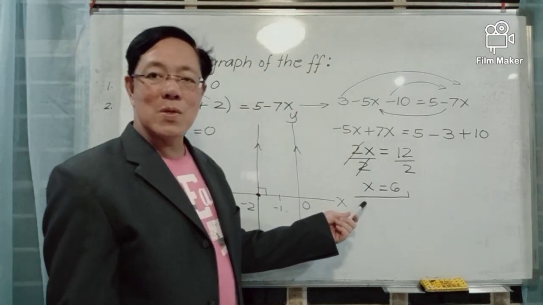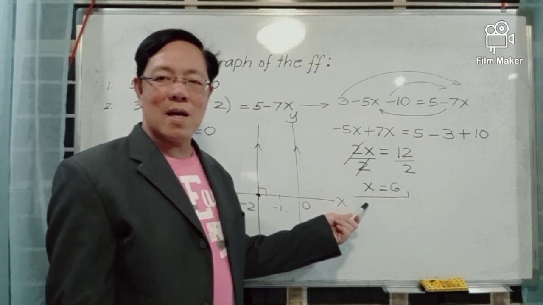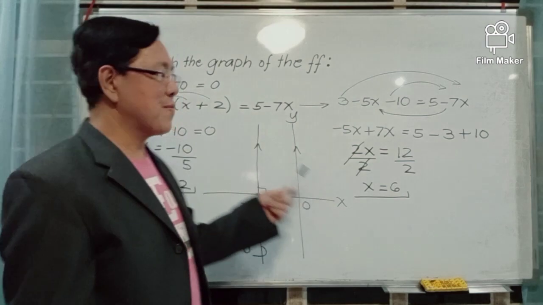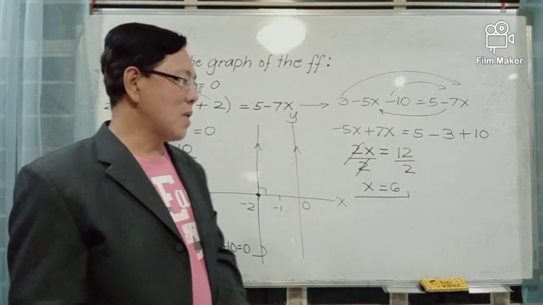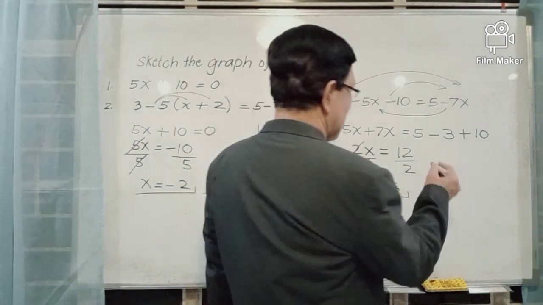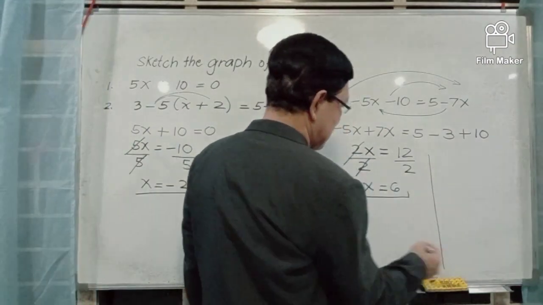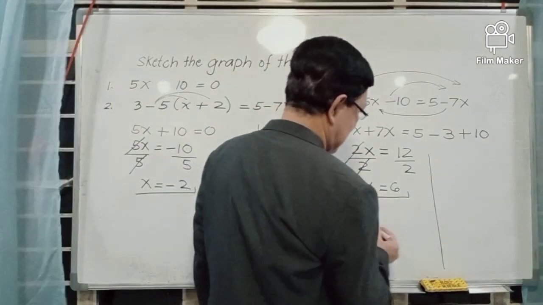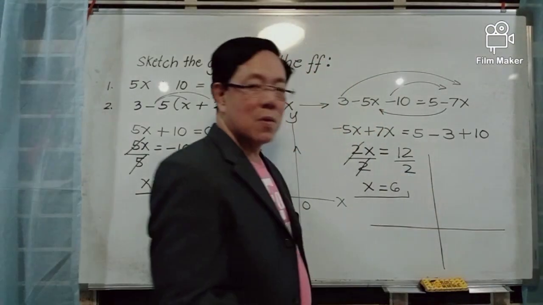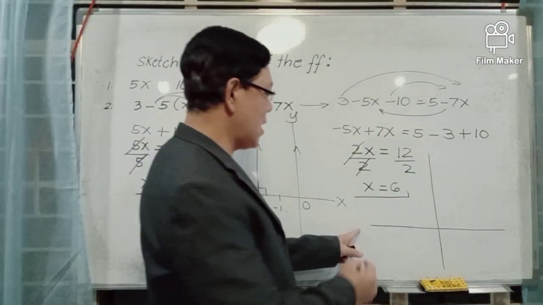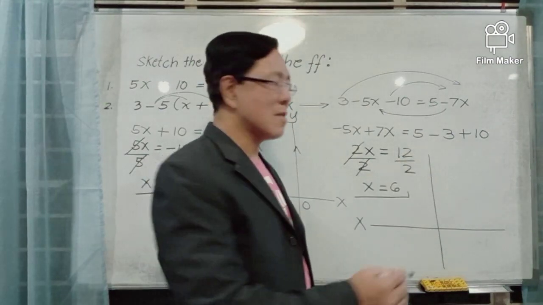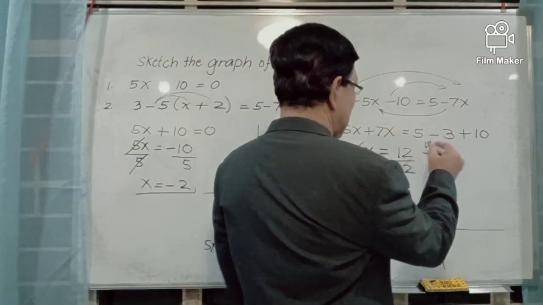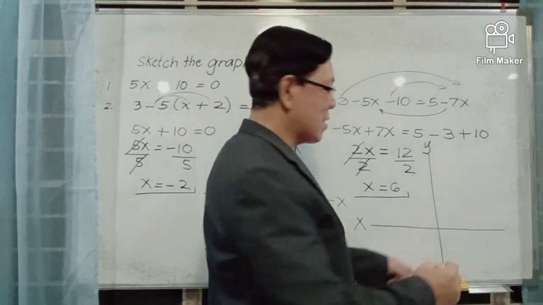Since we now know the solution of the given linear equation in x, we can now sketch the graph of this linear equation in variable x in the Cartesian plane, where we have x in the horizontal axis, y in the vertical axis, and 0 at the intersection.